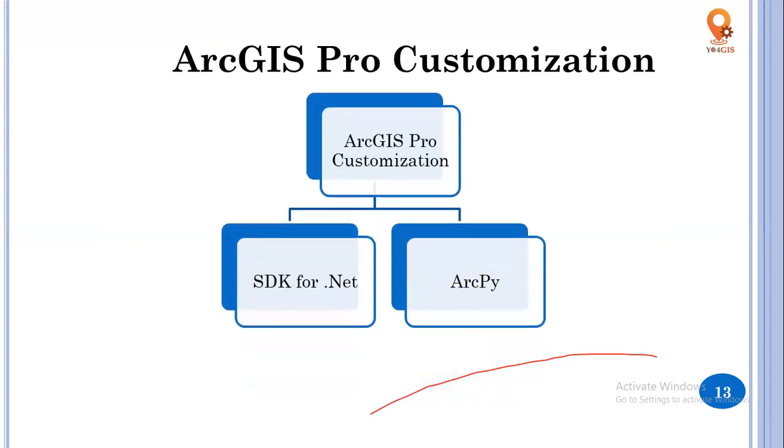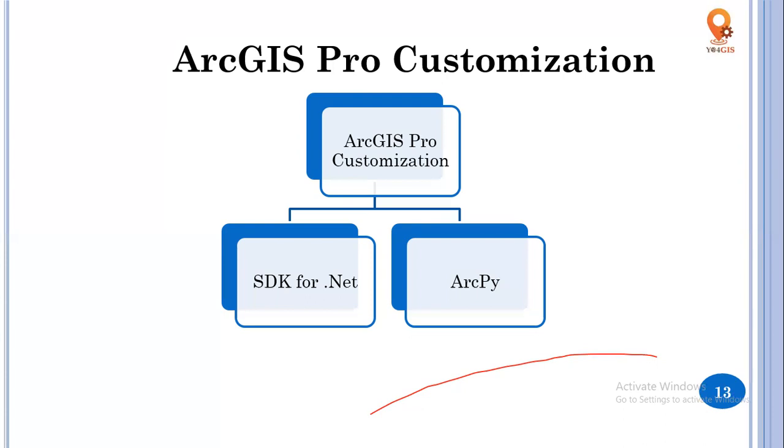So if we want to customize something in ArcGIS Pro, we have two different methods. One is .NET, C#.NET, and second one is ArcPy. So these are the two different languages that will help us to customize something in ArcGIS Pro.